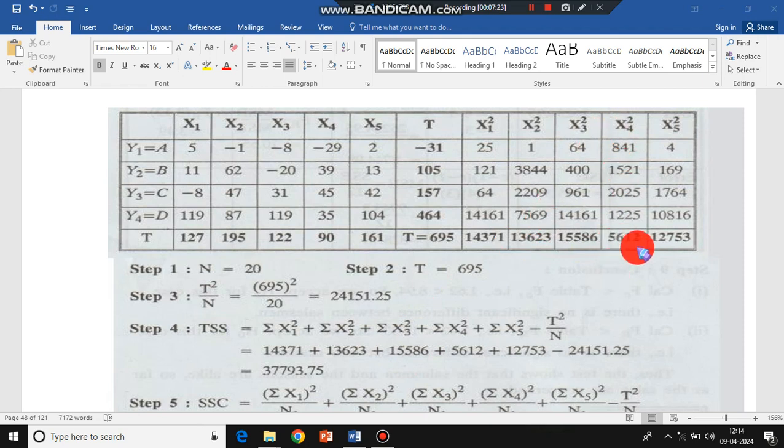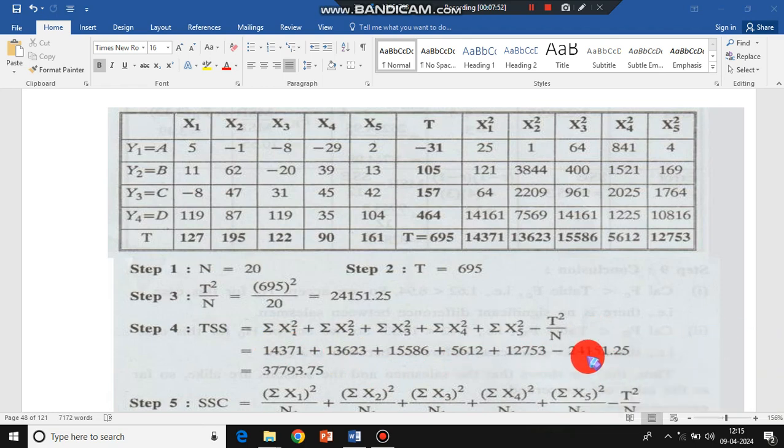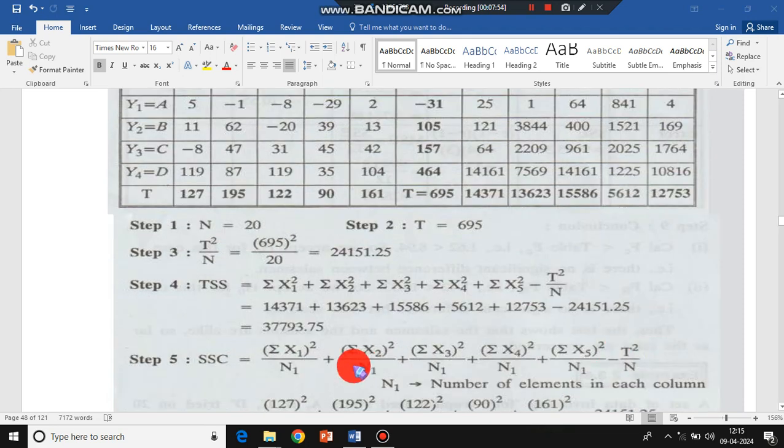Sum of x4 square is 5612, plus the last sum 12573, minus T square by n, that we have already calculated here. Then you substitute here, so you are adding all those things, and this is the value of TSS: 30,793.75. So you have to use calculators.